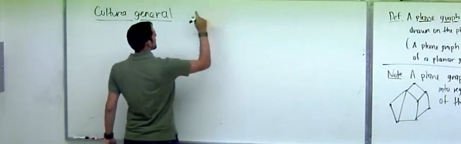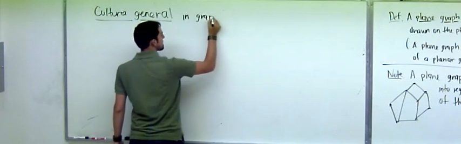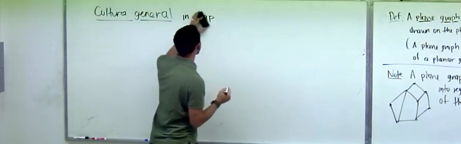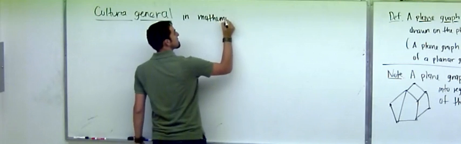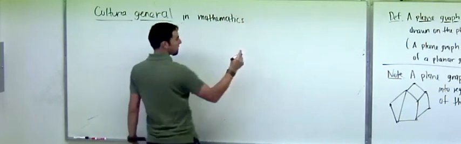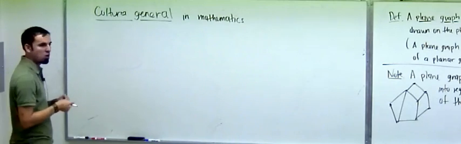Cultura general in graph theory. No, this is important enough that any student of mathematics should know about this. What's this dual thing about? I mean, why did people come up with this?